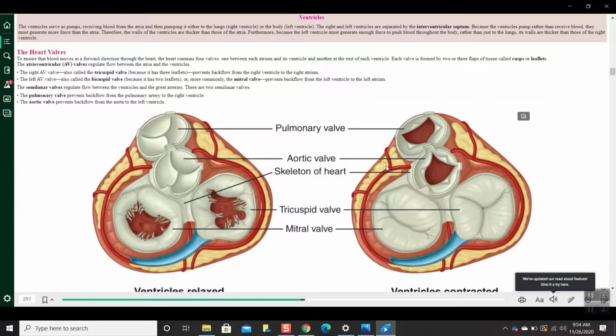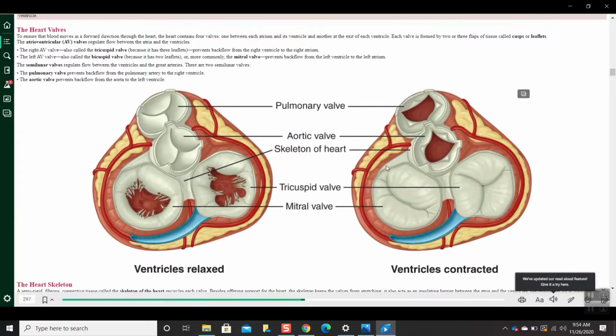Remember in class we talked about valves. The importance of valves is to keep blood from flowing backwards. When blood is going through the heart, it does not go into a backwards motion.